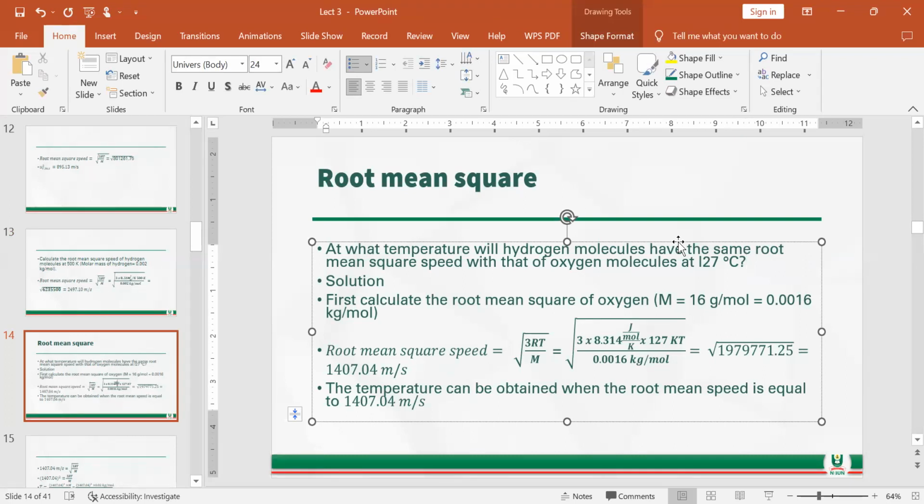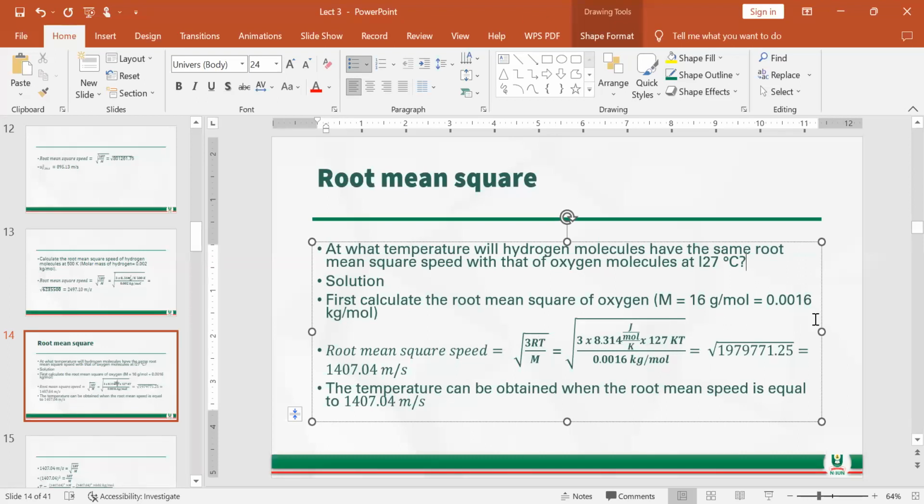What is happening here is that you first calculate the root mean square speed of oxygen. The molar mass of oxygen is 32 grams per mole, divided by 1,000, you have 0.032 kilogram per mole, and the temperature is 127.